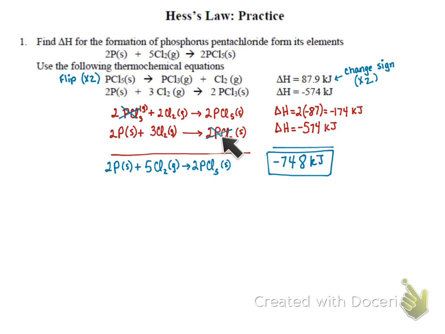They cancel out. And then the net equation is whatever doesn't cancel, whatever you have left. And then you add the delta H's together. So we add minus 174 plus negative 574, and that gives us negative 748.